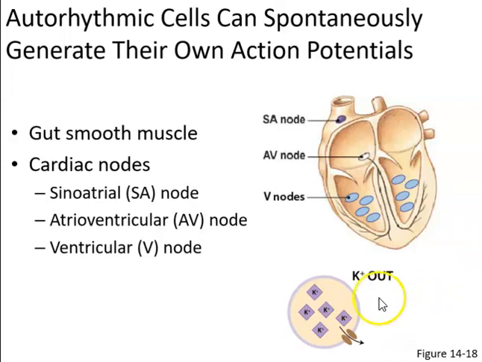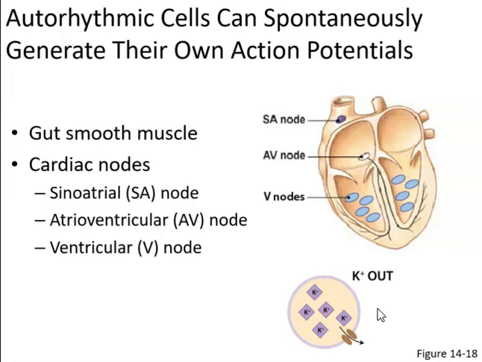Here on this slide, we can actually see potassium ions moving out of these cells. Now, the action potentials within the heart solely depend on movement of sodium ions as well as potassium ions. So we'll get into how action potentials are generated.